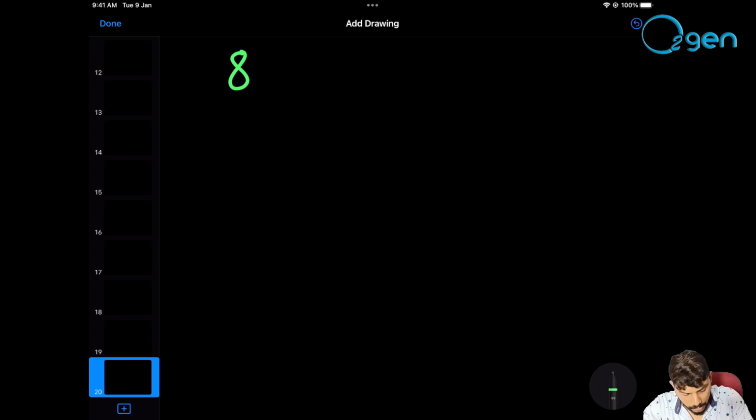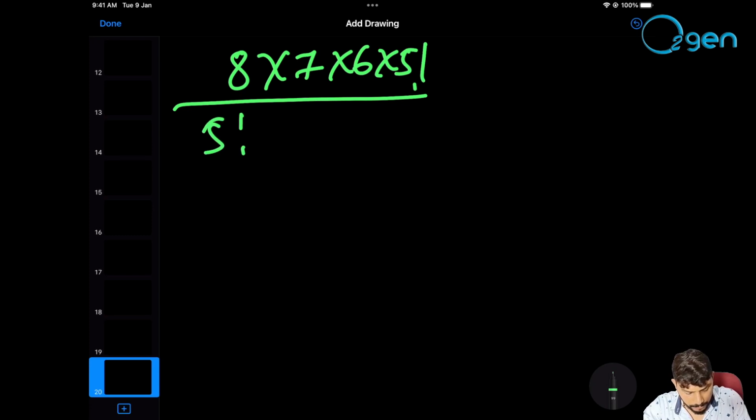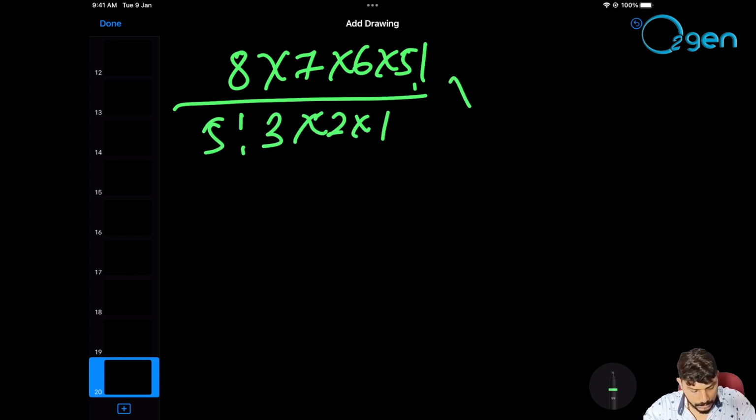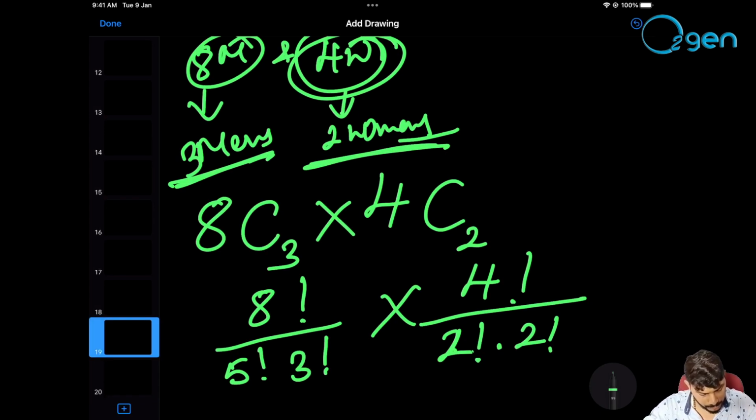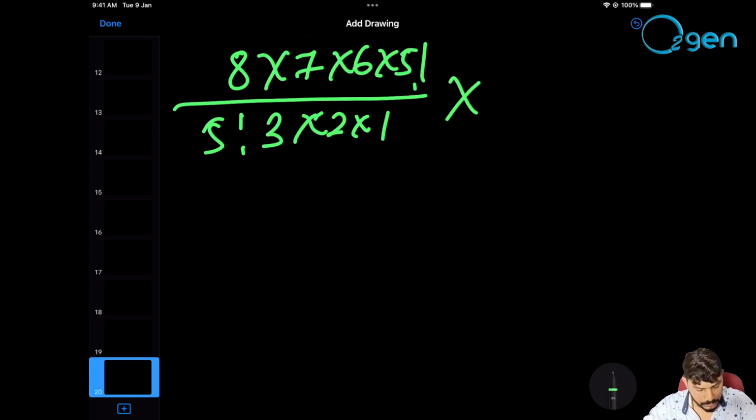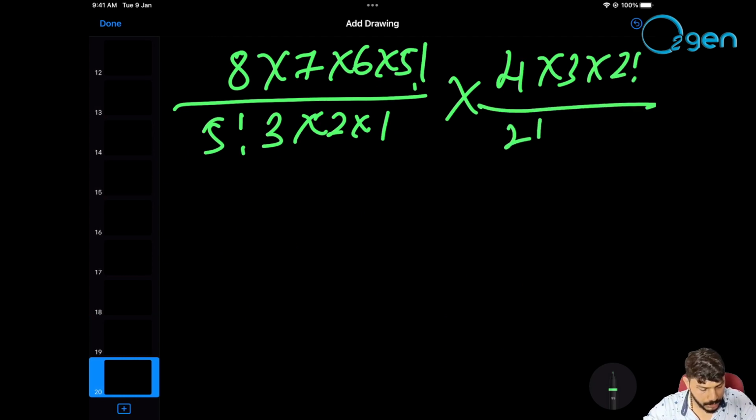If we simplify it, 8 factorial can be written as 8 into 7 into 6 into 5 factorial, divided by 5 factorial into 3 into 2 into 1, multiplied with 4 factorial, 4 into 3 into 2 factorial, divided by 2 factorial into 2 into 1.